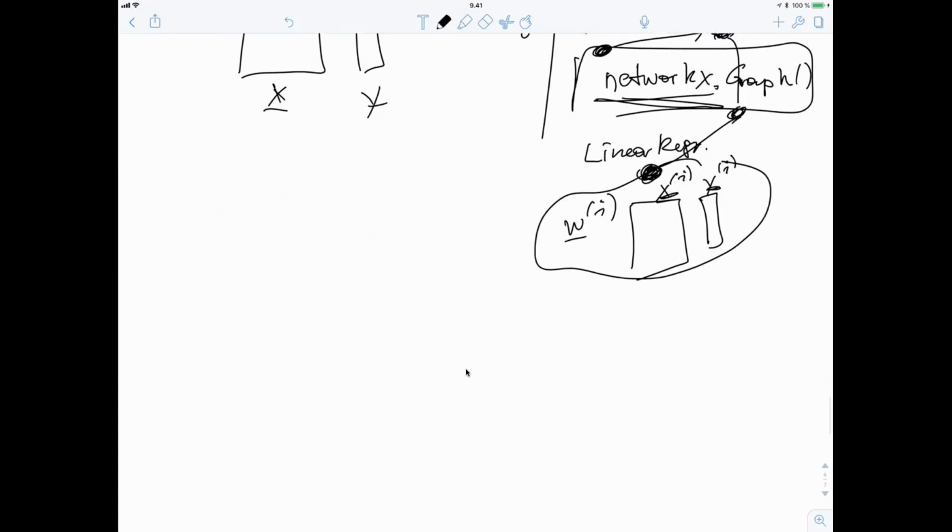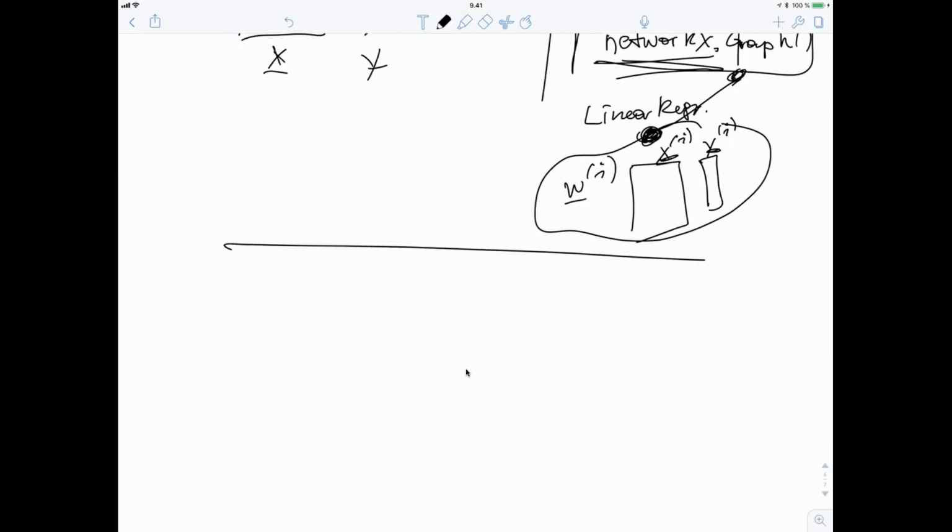So the main mathematical object for the rest of this course is the empirical graph. This graph has nodes, which we index by i, using the first n natural numbers.